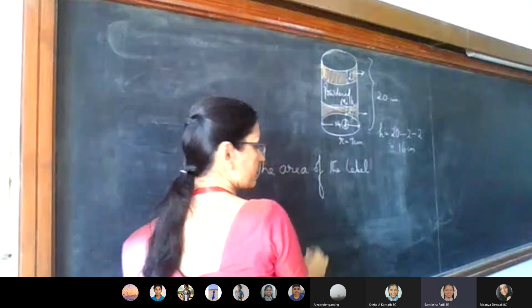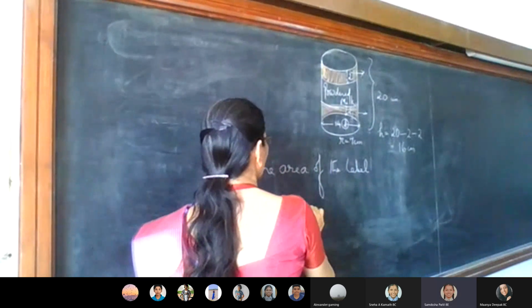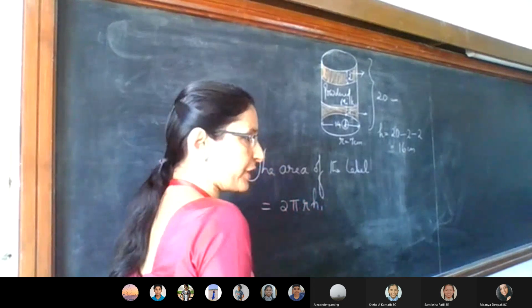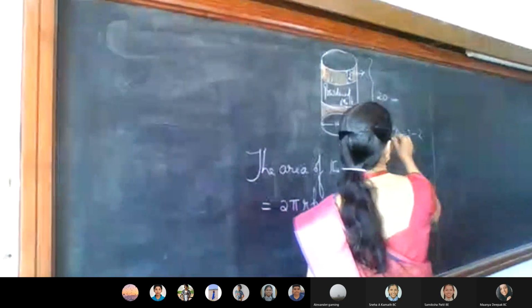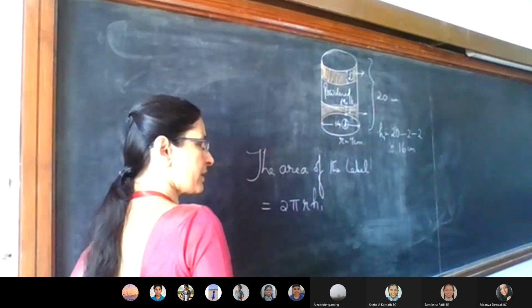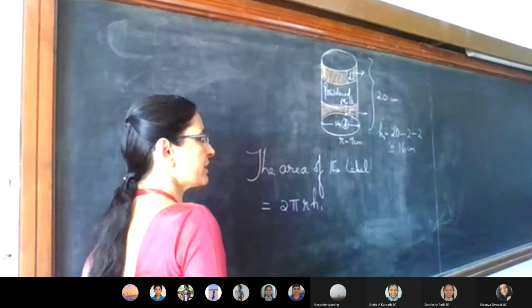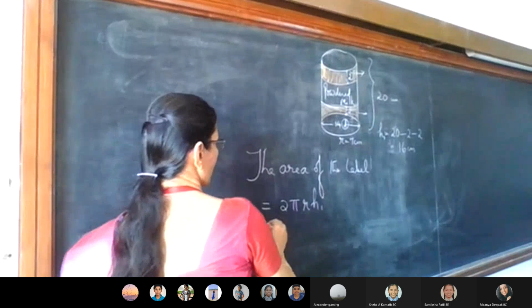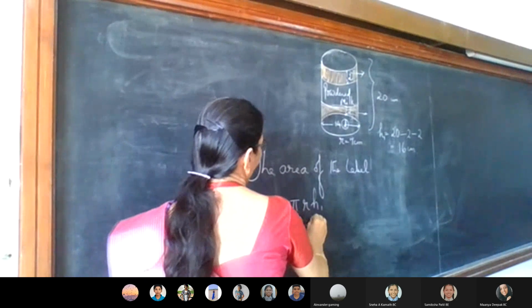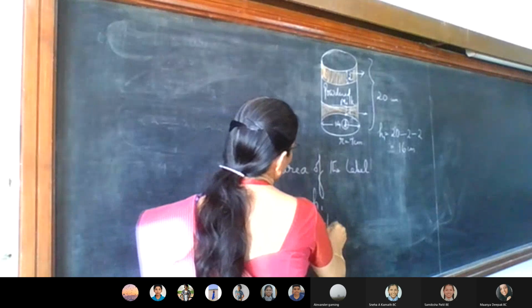Area of the label is 704 centimeters. 2 pi R into H1, I can call this H1 if needed. 2 into 22 by 7 into R is 7, H1 is 16.